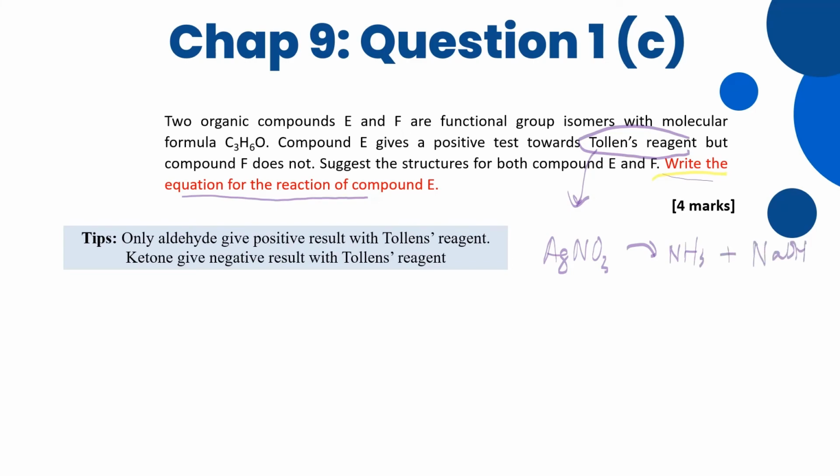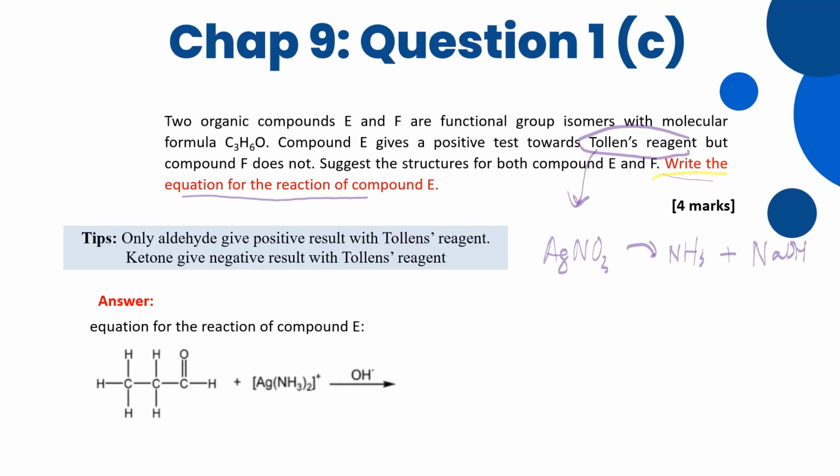So how do we write the formula of Tollens reagent? Something like this. This is a complex formed by dissolving silver nitrate in excess ammonia solution. And this is the complex we will write. And because we have a lot of sodium hydroxide, we need to write the OH minus here.